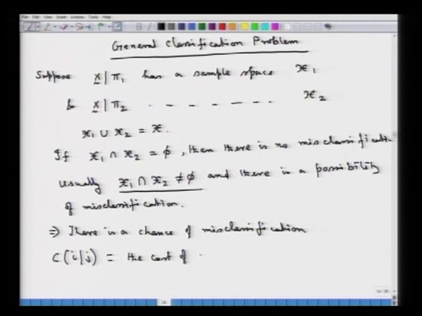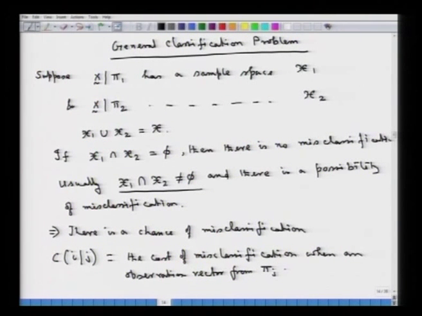The cost of misclassification when an observation vector from pi j is assigned to pi i.